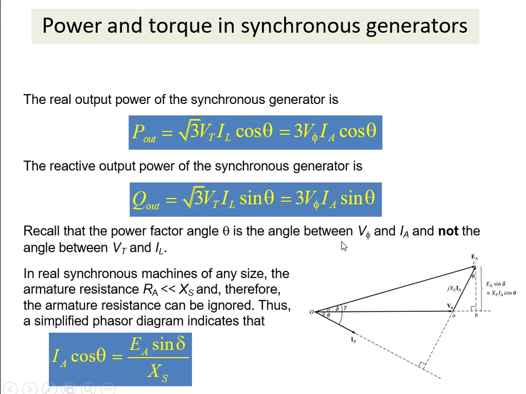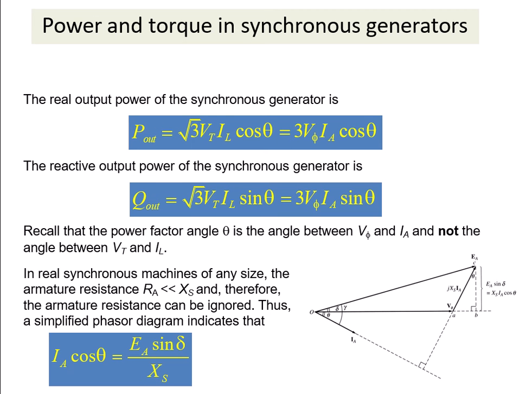The real output power of a synchronous generator is P out equal to root 3 Vt IL cos theta, which is also 3 V phi IA cos theta. The reactive output power of a synchronous generator is Q out equal to root 3 Vt IL sin theta.